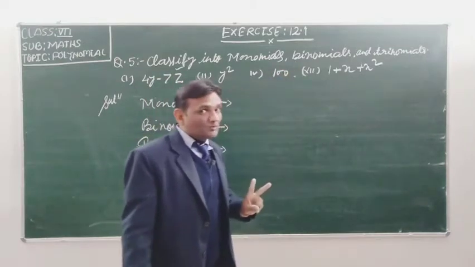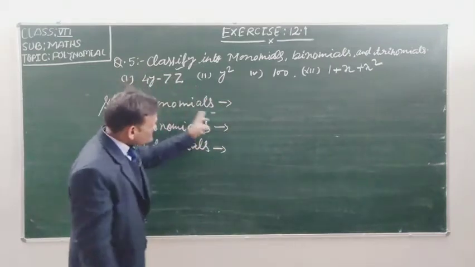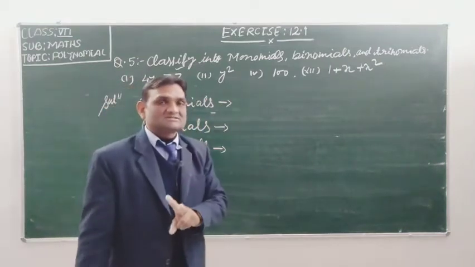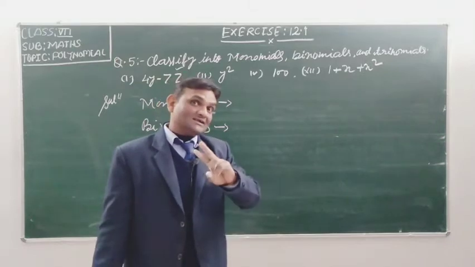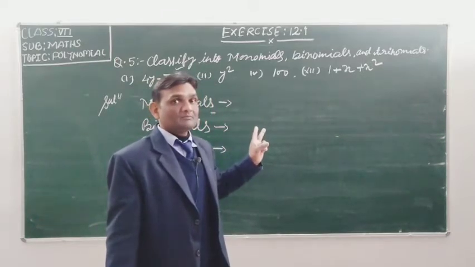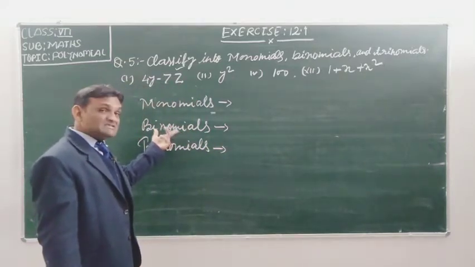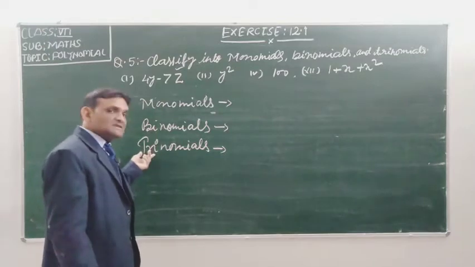Binomials, bi means 2. So that algebraic expression which has two terms, and you have already known about the terms. I have explained in my previous video. Bi means 2, tri means 3.